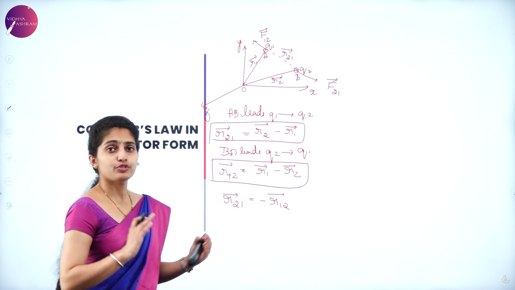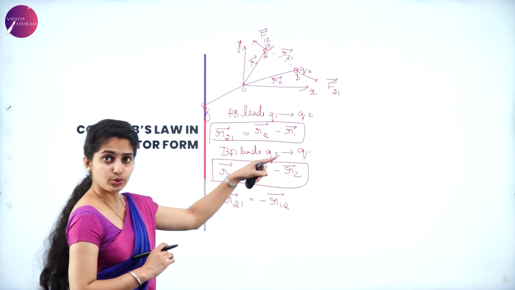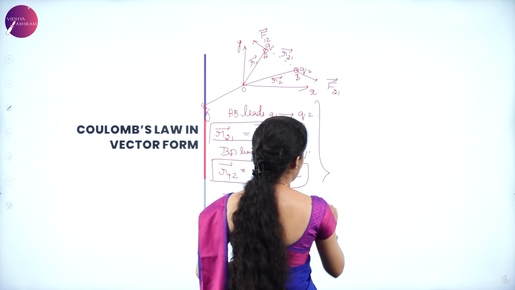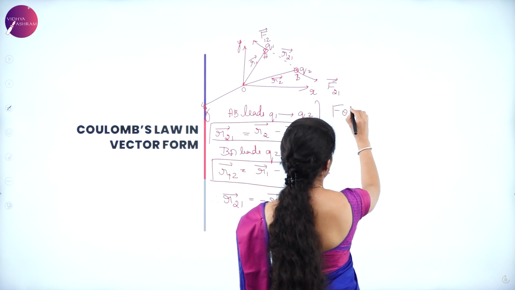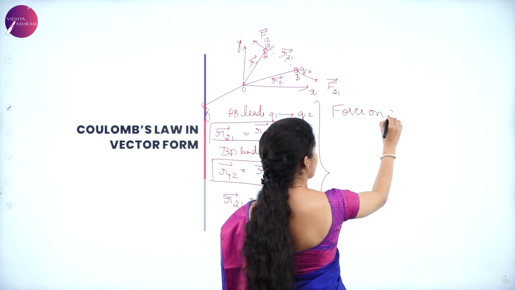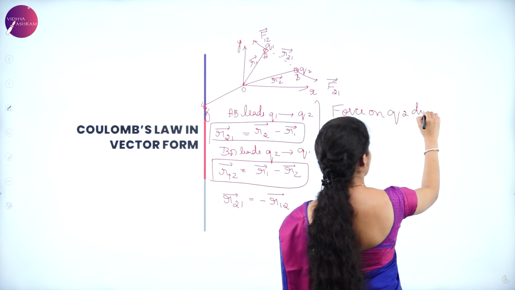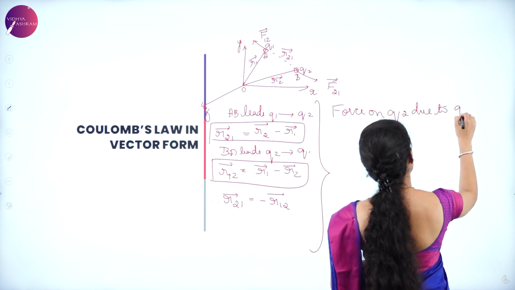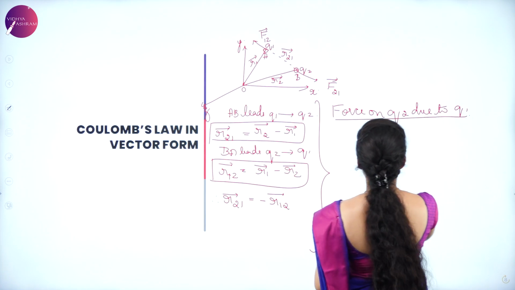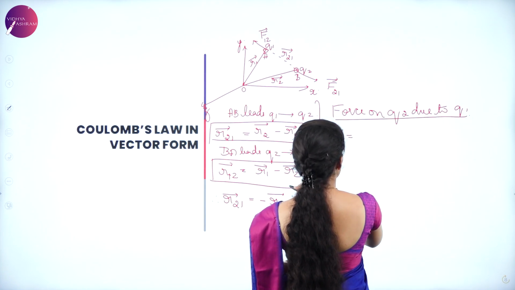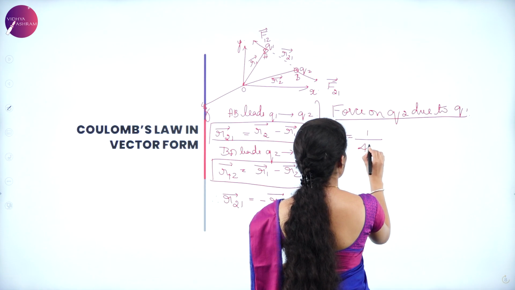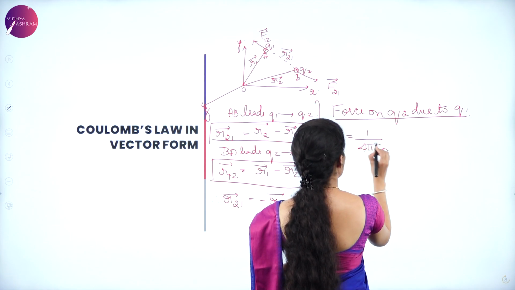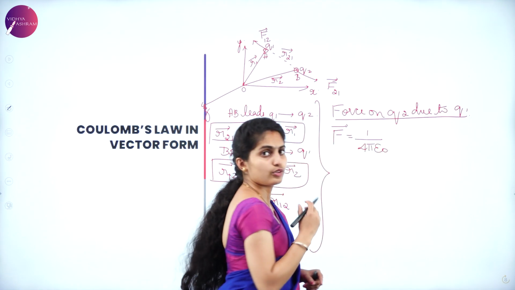So now the force on Q2 due to Q1, let us write it as F is equal to 1 by 4 pi epsilon naught. So here it is the vector force.